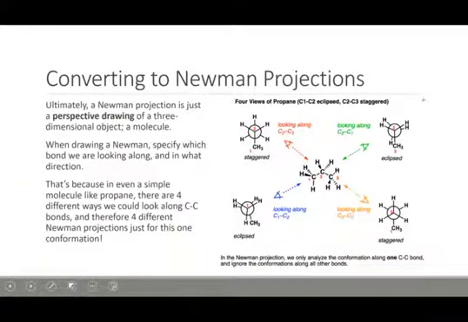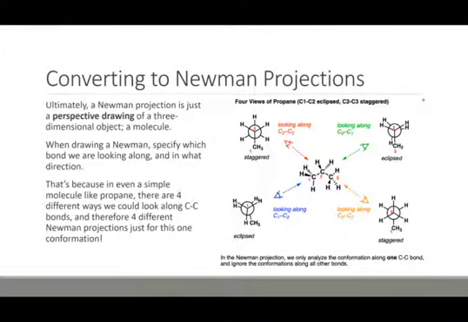So remember, ultimately, a Newman projection is just a perspective drawing. We're just changing the perspective of a molecule. And when you're drawing it, you have to specify which bond we're looking along. Because even in something simple like propane, there are 4 different ways we can look along the carbon-carbon bond, and therefore 4 different Newman projections just for this one.